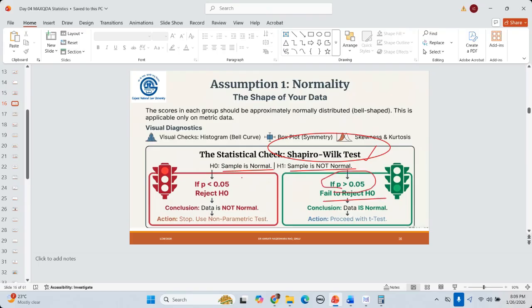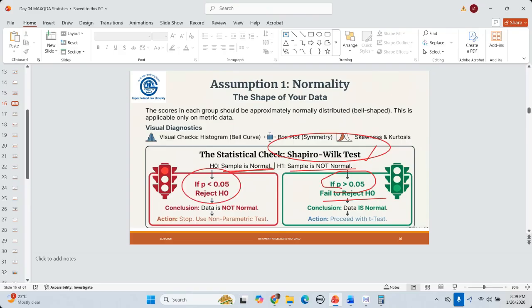What is my null hypothesis? Sample is normal. But if my p-value is less than 0.05, I'm going to reject the null hypothesis. What is the null hypothesis? Sample is normal. Rejecting it means my sample is not normally distributed. I hope I'm able to make it clear.